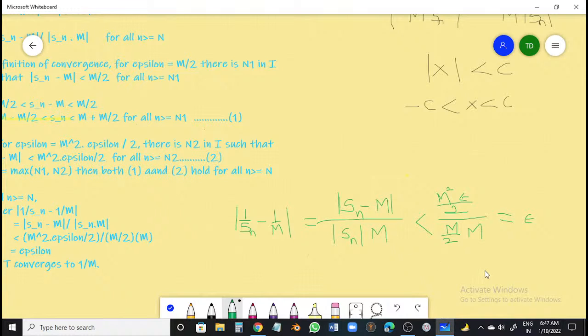So up till now we have seen operations on convergent sequences. Let us just try to recollect whatever we have talked of.